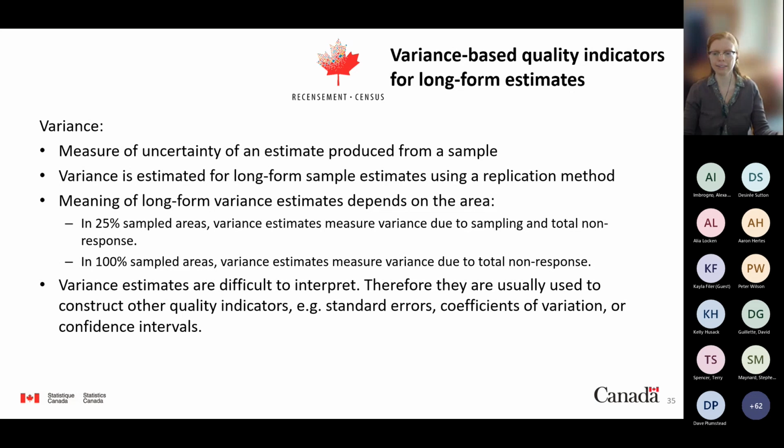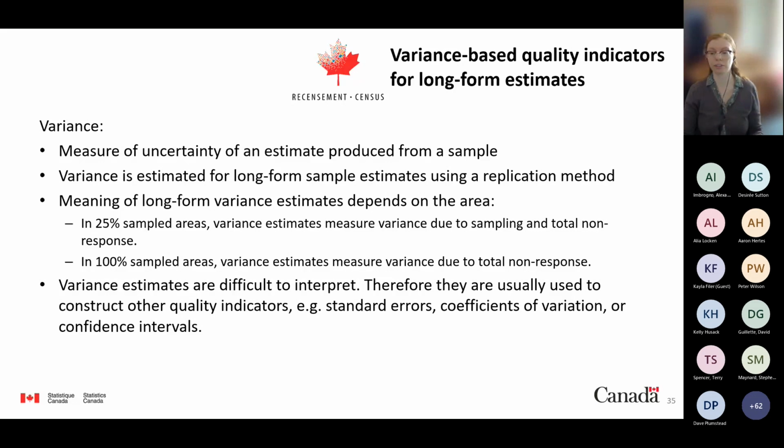And the details of how we estimate variance for the long form are not terribly important for working with variance-based quality indicators, but I'll just mention that the type of method that we use to estimate variance is a replication method. So the variance estimates for the long form have a different meaning depending on the type of sampling in the area.